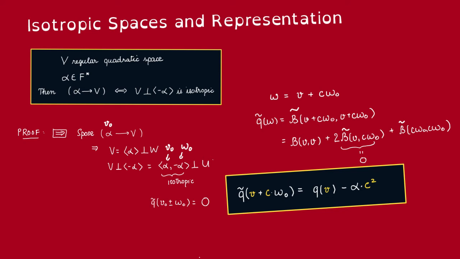That's because of the calculation we did before. Imagine here we replace this V by V naught, so we are trying to compute the norm of V naught plus C times W naught, where C is plus or minus 1. Then this is alpha, this is minus alpha, so they add up to 0. And thus we see that if alpha is representable by the quadratic form on V, then this space is isotropic, and the main reason is that it contains inside this isotropic space.